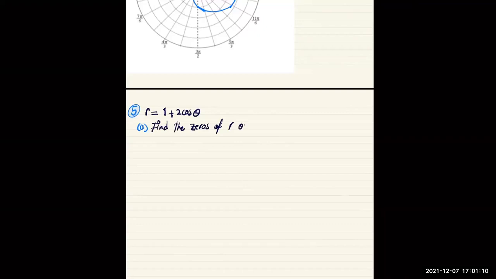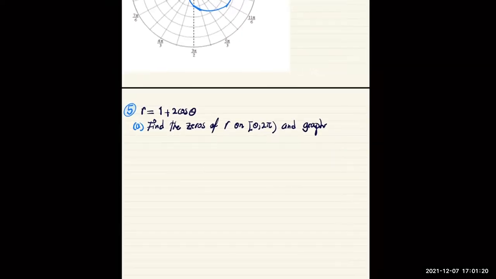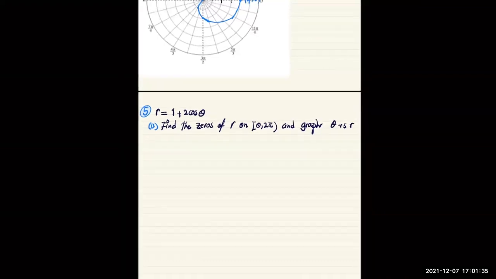On 0 to 2 pi, and graph R versus theta, or I should just say theta versus R, in the rectangular form, not polar form.